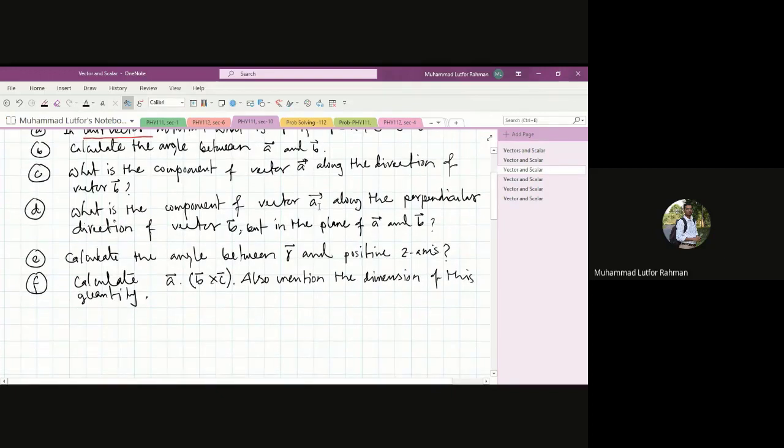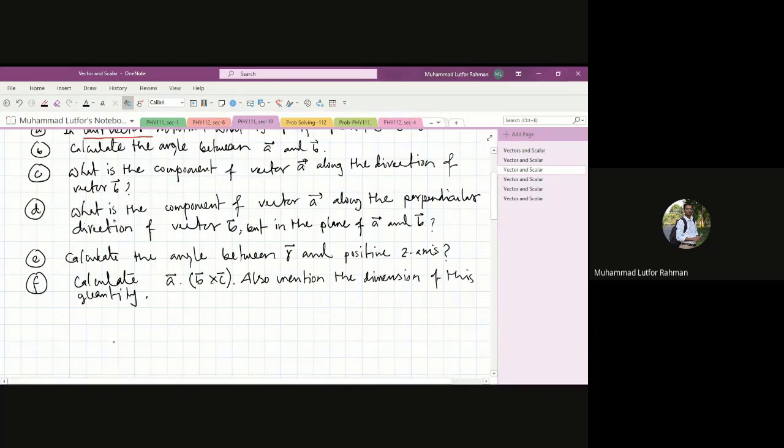But if they ask you to find a unit vector in the direction of R, that will be different, right? Which is not i, j, and k. So the R vector has a direction, and the unit vector of R would be in the direction of vector R itself.